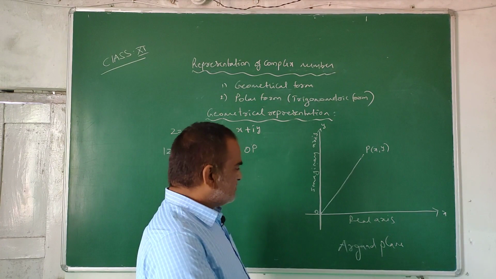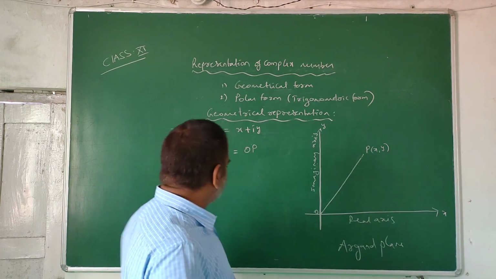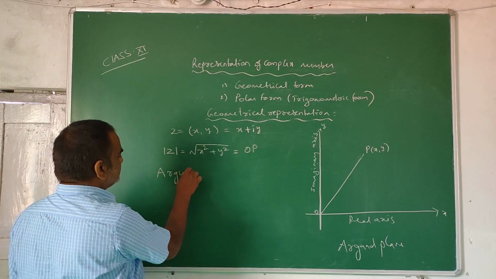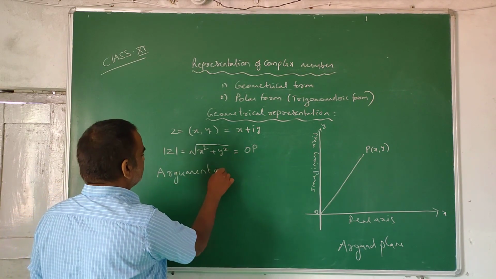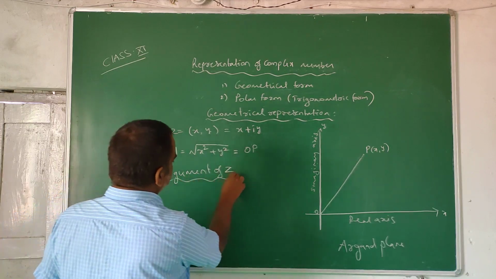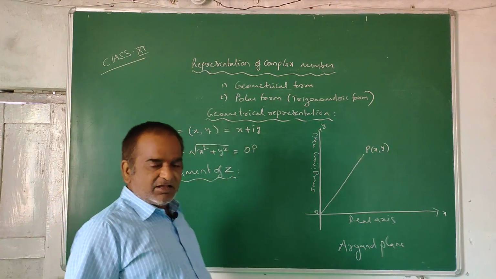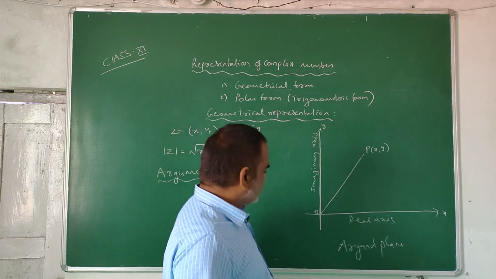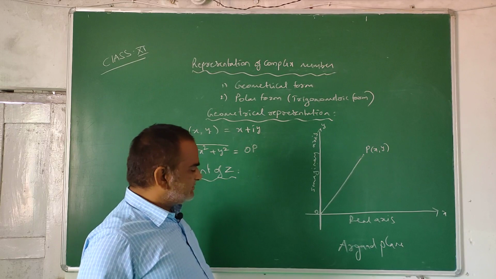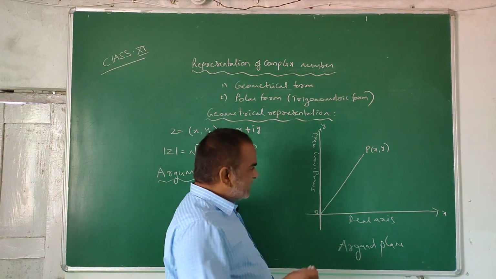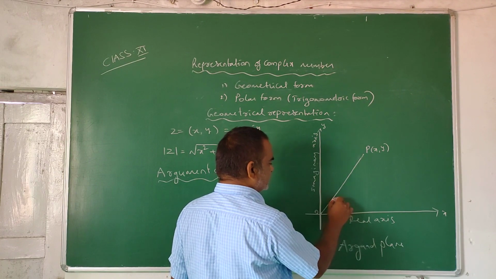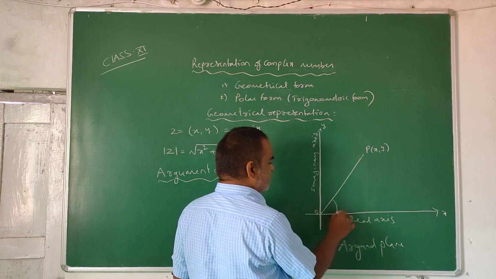Now we are going to discuss another term, argument of complex number z. This is important here. Argument of z is defined as the angle made by OP with the positive x-axis in the positive direction.